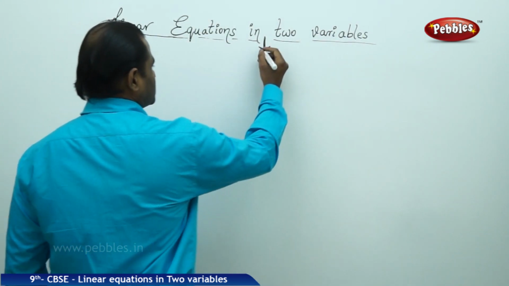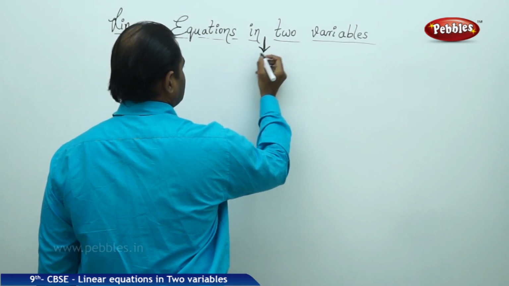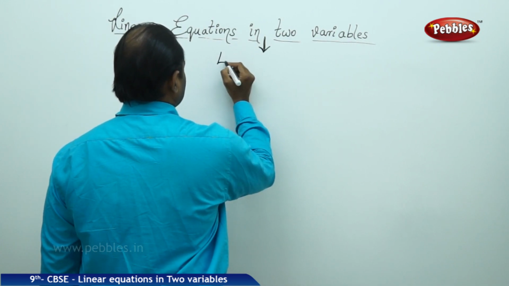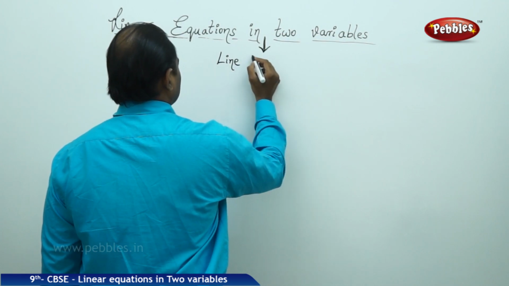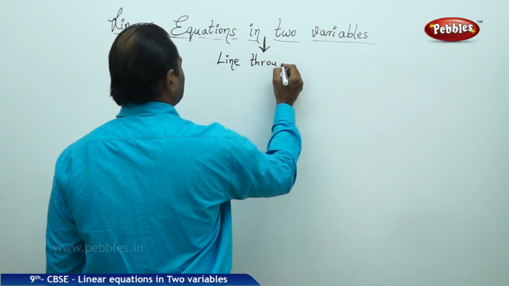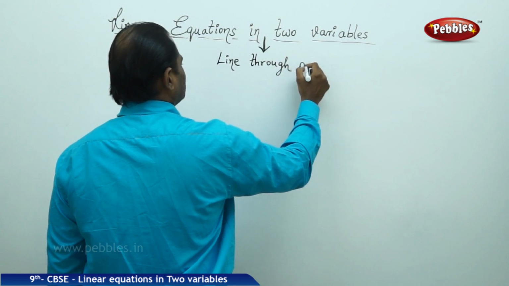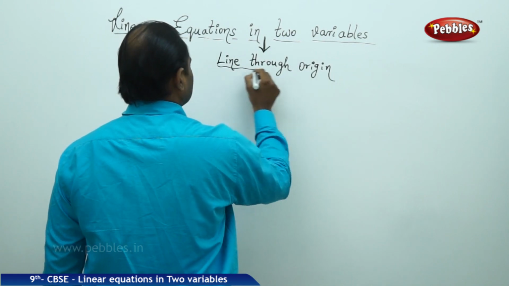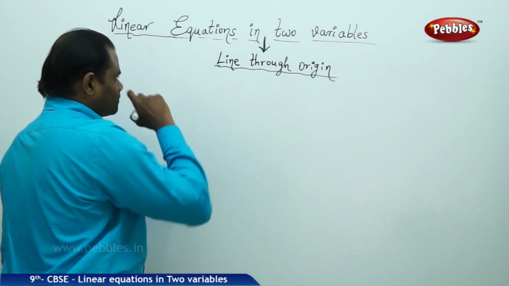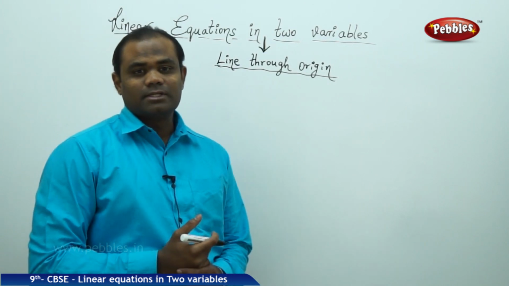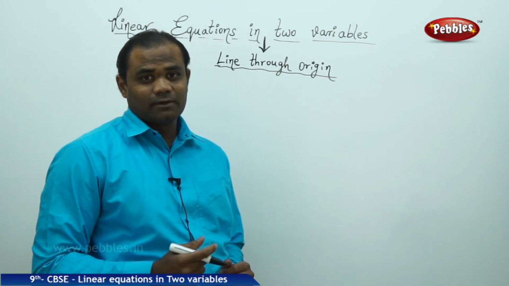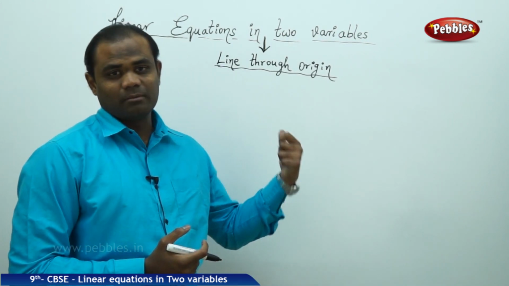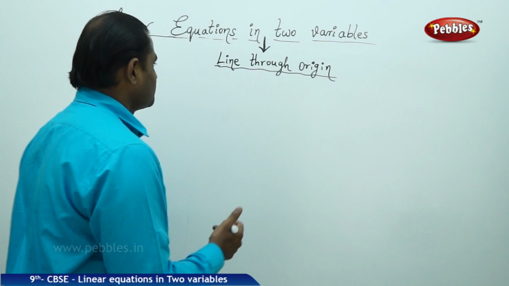So this first special case is a line through origin. A straight line is said to pass through origin if its constant is 0. So let's see in brief about a line through origin.